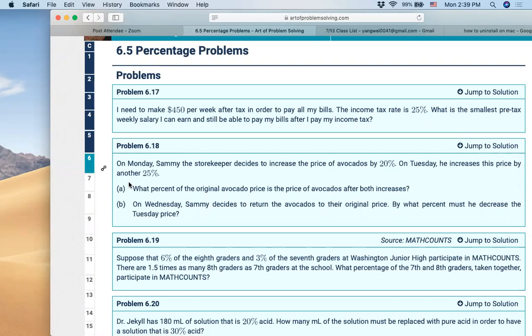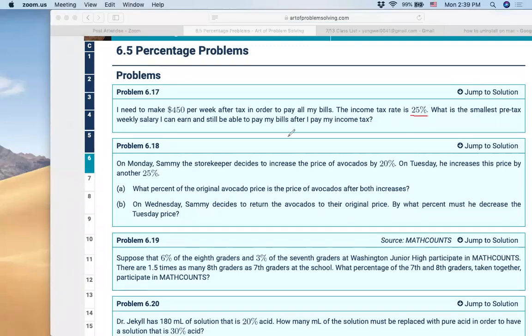How much do you need to earn pre-tax so that after tax you have $450? The tax rate is 25%. They ask for the pre-tax amount, so you can set that number as x. So x times 75% gives you $450.